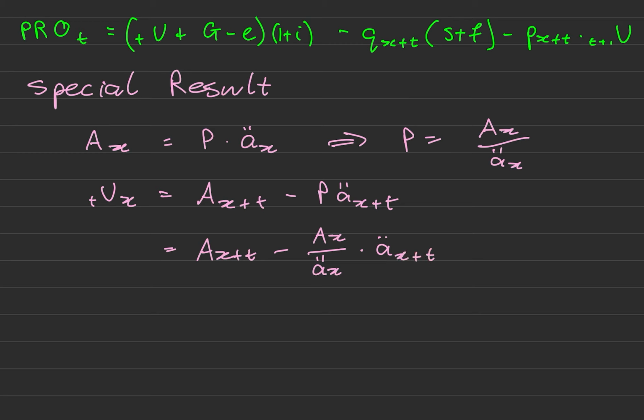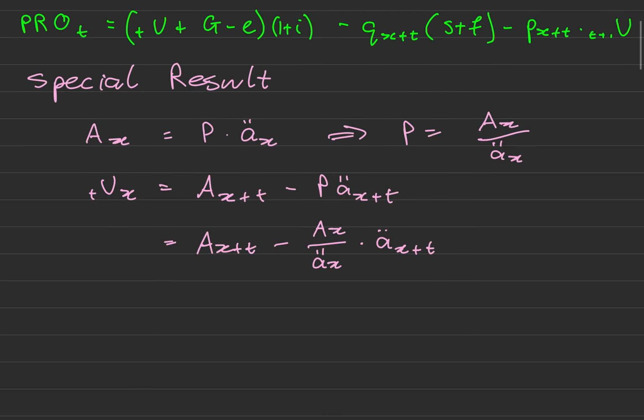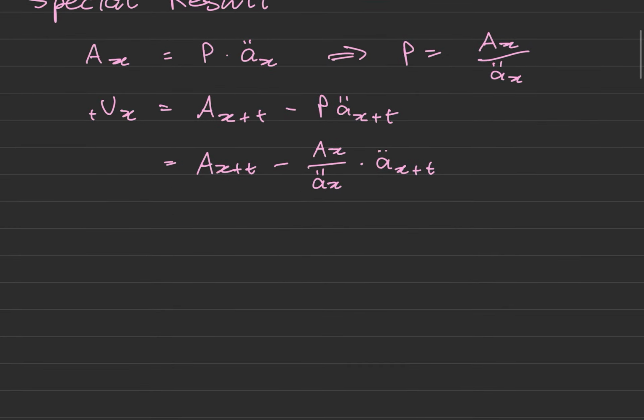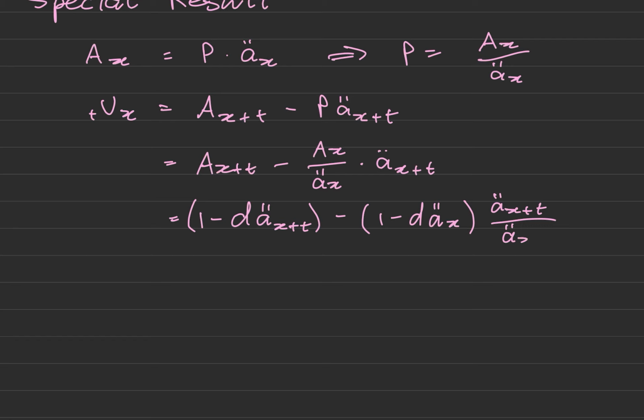Alright, now my premium conversion formula means that I can change this assurance and this assurance in terms of annuities, in terms of life annuities. So this becomes 1 minus d ä_{x+t}, this one here, and then this A_x becomes 1 minus d ä_x, and then I still keep those two terms there, ä_{x+t} over ä_x.